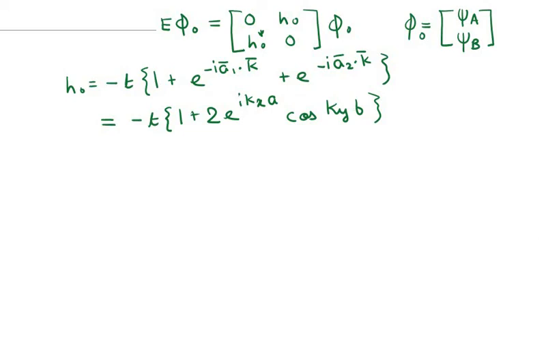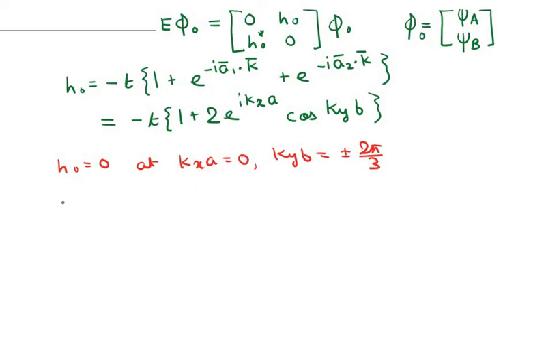Okay, now we know that this H0 is equal to 0 at kxa equal to 0 and kyb equal to plus minus 2 pi by 3, and these are also the points at which the conduction band minima meets with the valence band maxima.